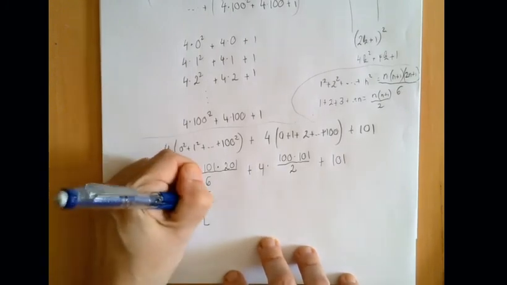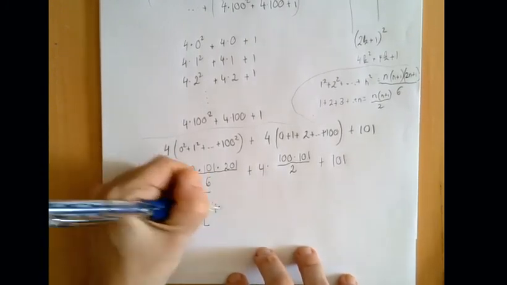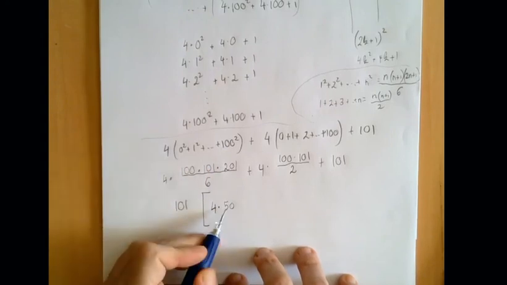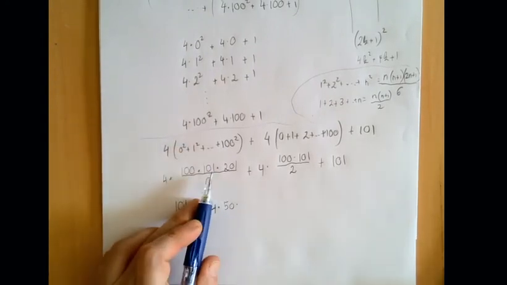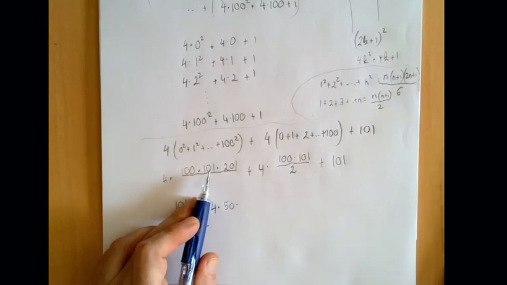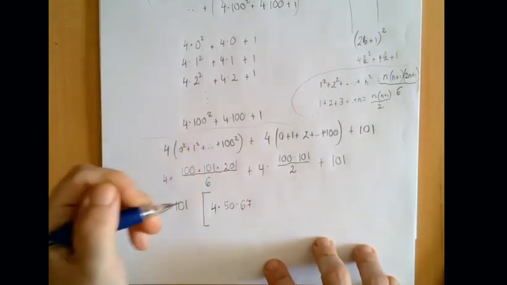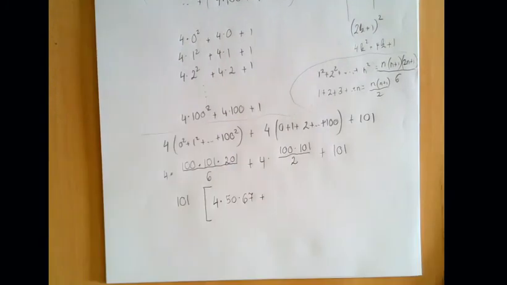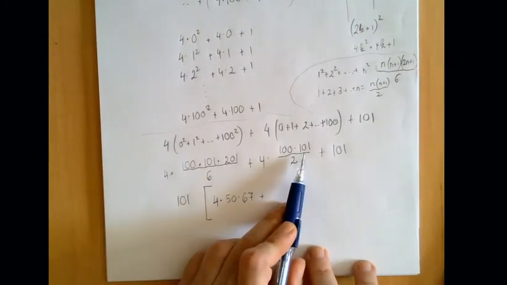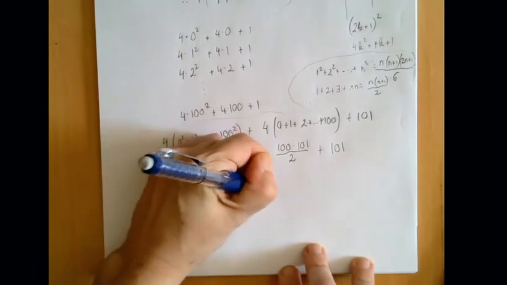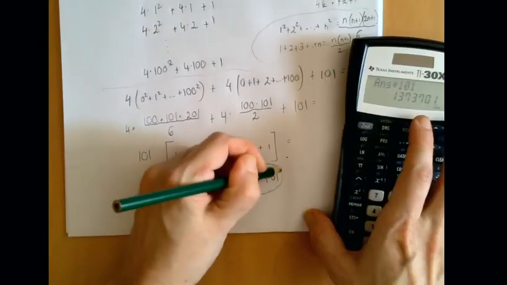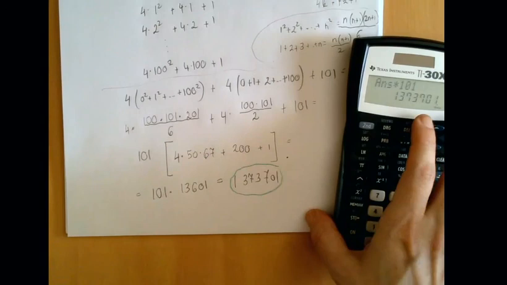Then we would get no denominator, but 4 times 100 becomes 50 because we cancelled out the 2. 101 was factored out, and 201 divided by 3 is 67. That would be the first piece. The second piece, 101 is factored out. This is just 200, right? We can cancel. It's just 2 times 100. All right. So that's 1,373,701.